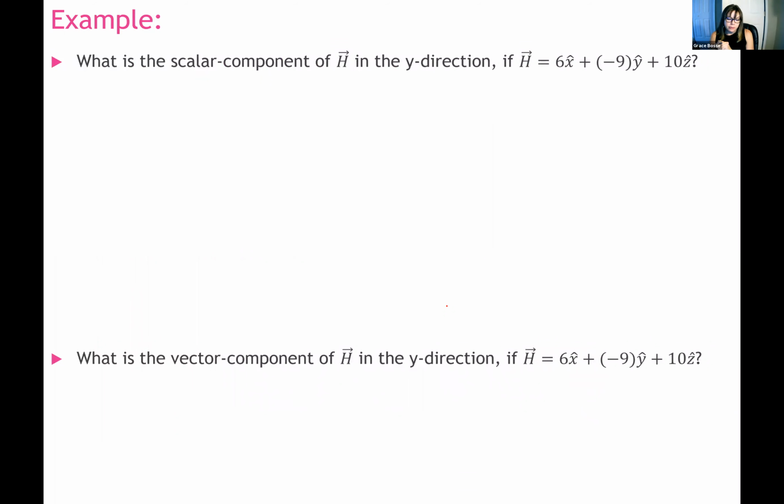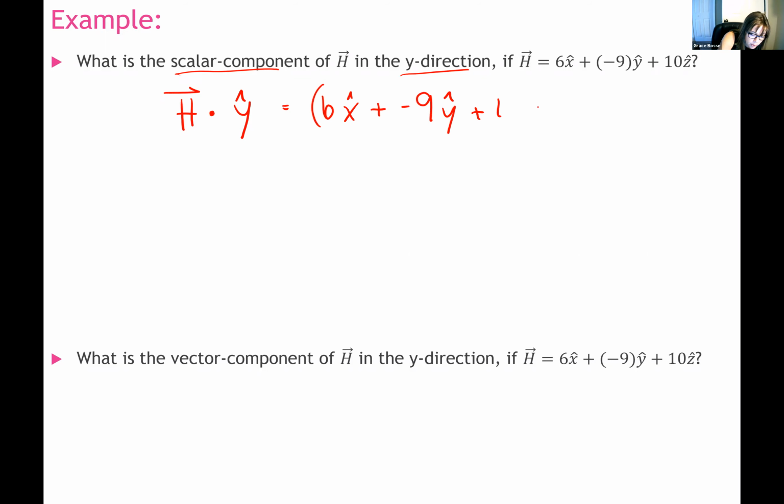I have vector h, and I want to figure out the scalar component in the y direction. So in order to get the scalar component in the y direction, I need to do vector h dotted with y hat. So let's write down vector h was 6 x hat plus negative 9 y hat plus 10 z hat.